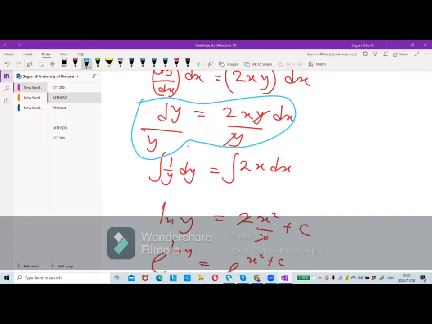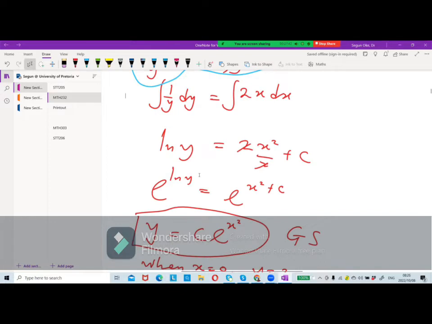We have ln y equals 2x squared over 2. Then at the end of the day, we take the exponential of both sides. So we have this. This is what we call y complement, or the y complementary solution.